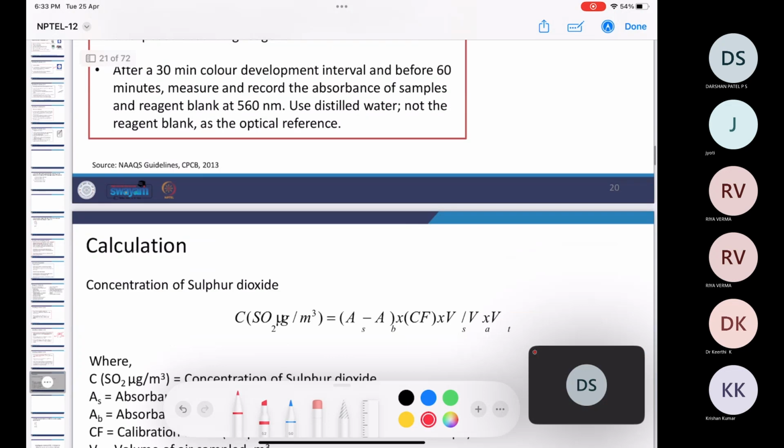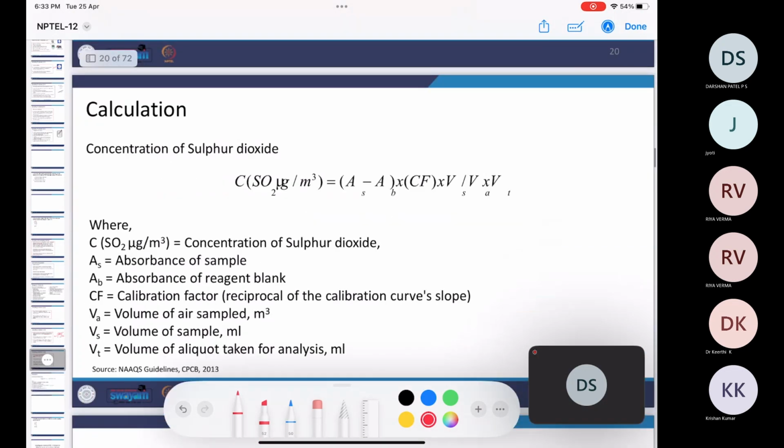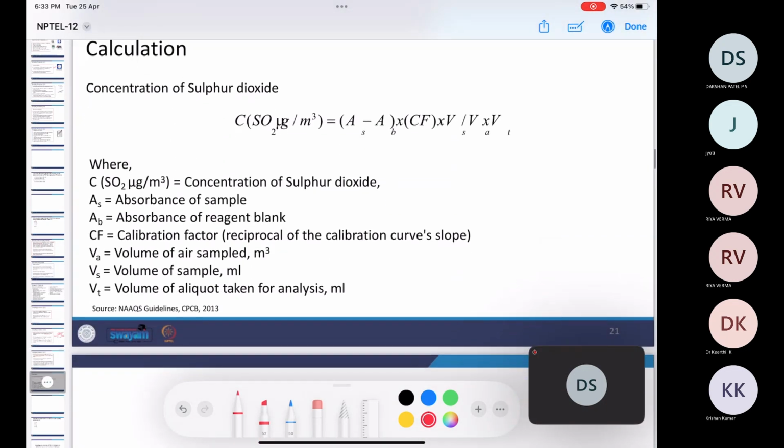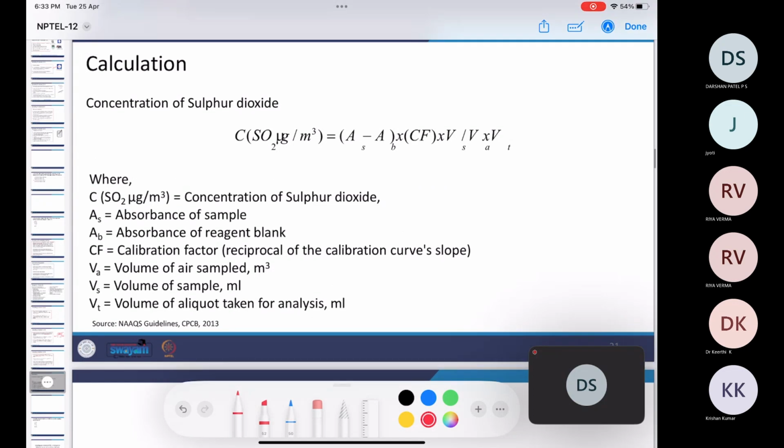So this is how we measure the absorbance, and to find out the concentration of sulfur dioxide, we have this formula: (As minus Ab) multiplied by Cf multiplied by Vs, divided by Vx into Vt.